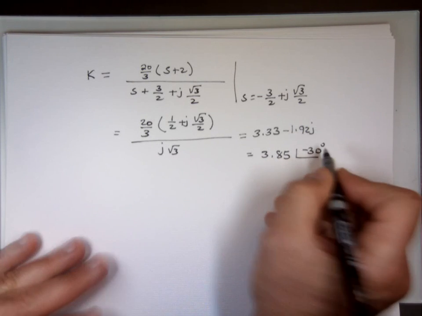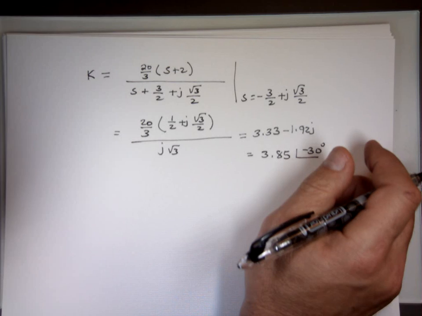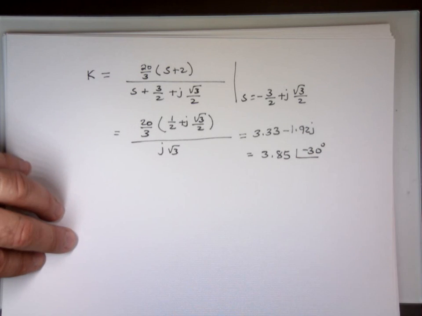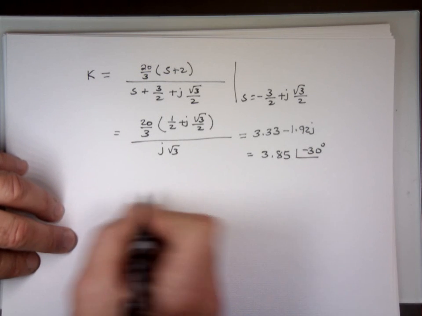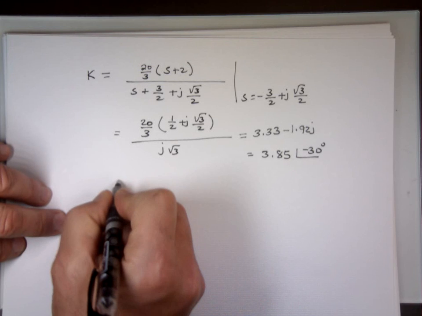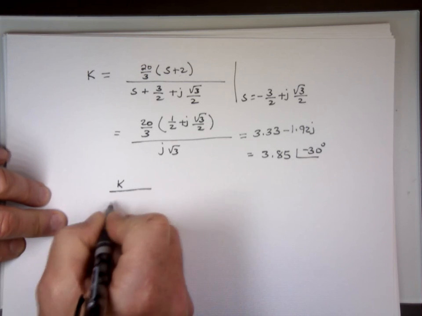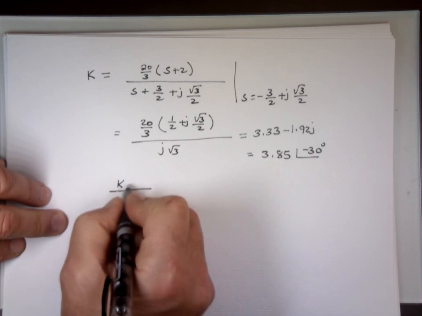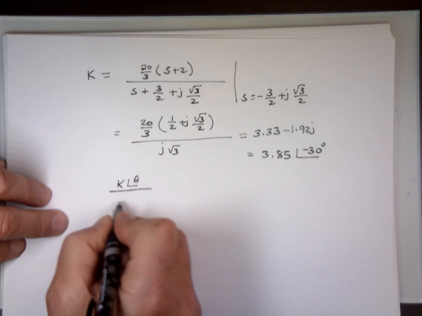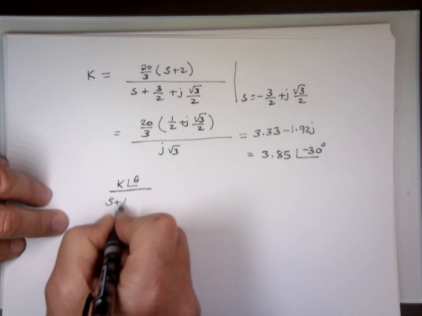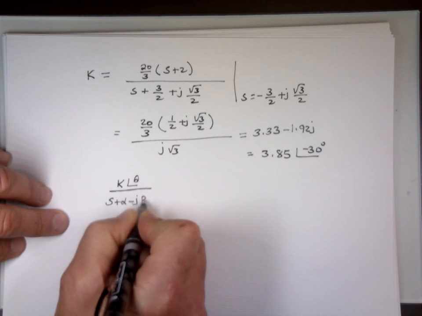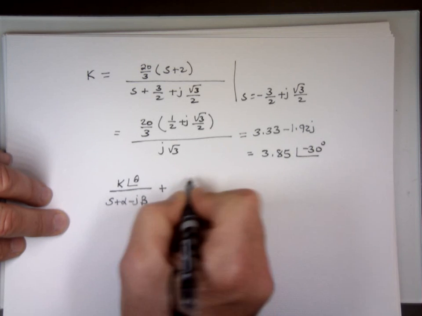So now we can change it. Remember with the solution, when you have complex like this, we said last time if you have K over s plus alpha minus j beta plus K conjugate, K will have an angle of theta, and that would be K angle negative theta is the conjugate.